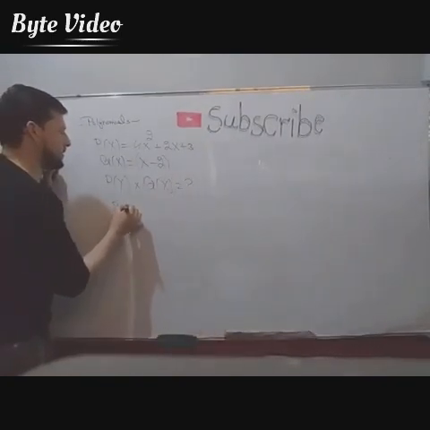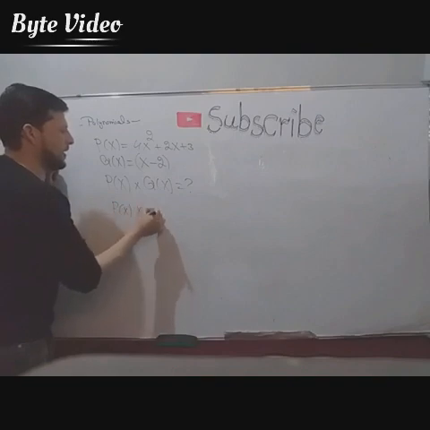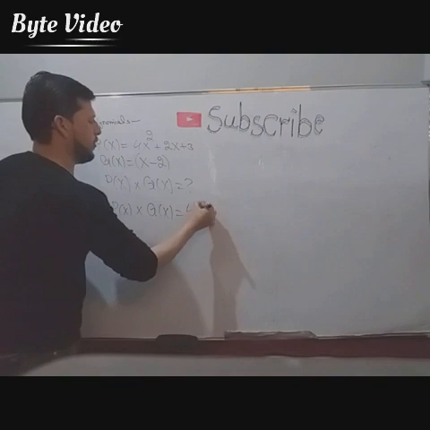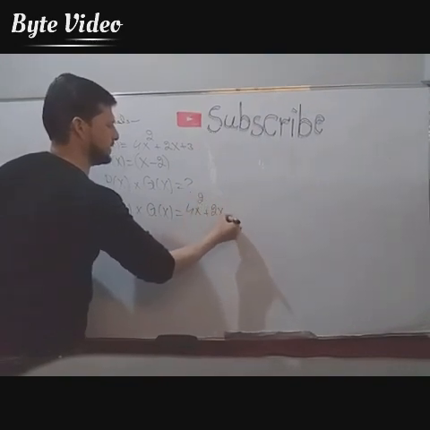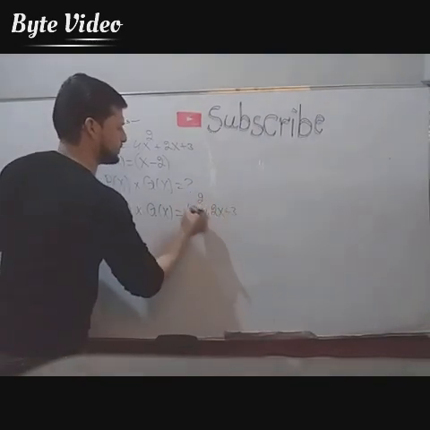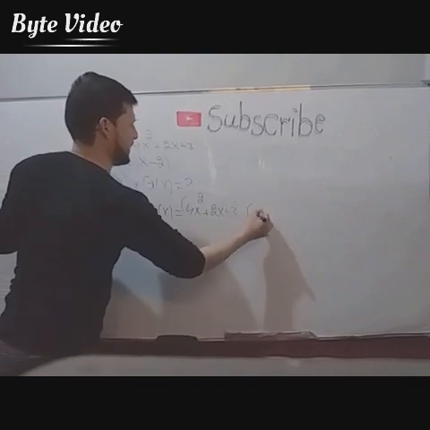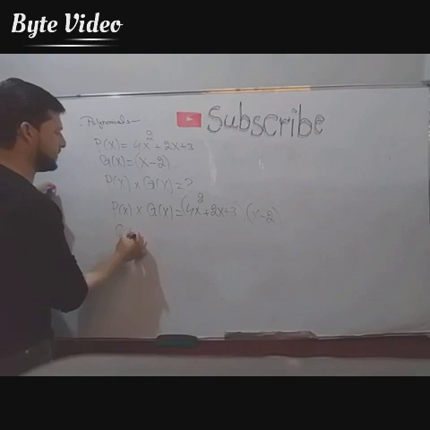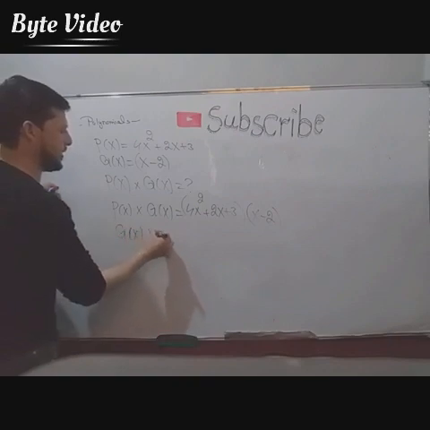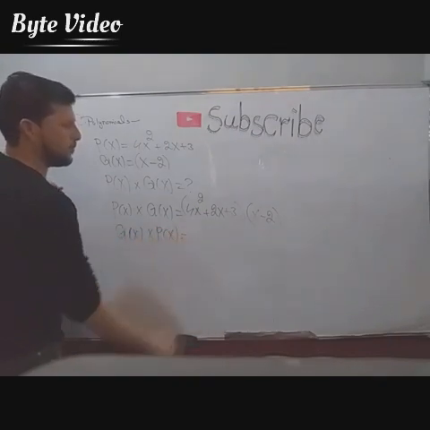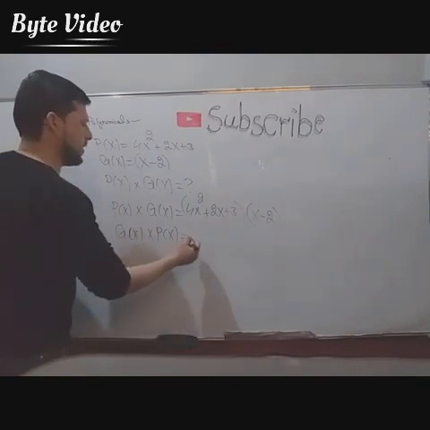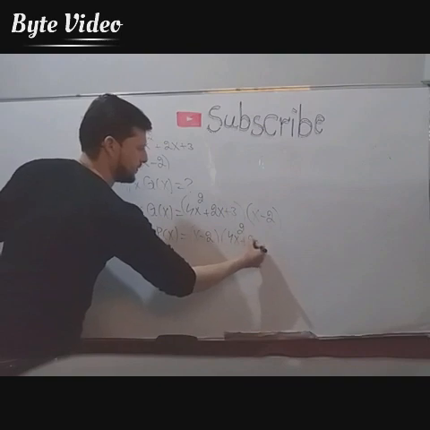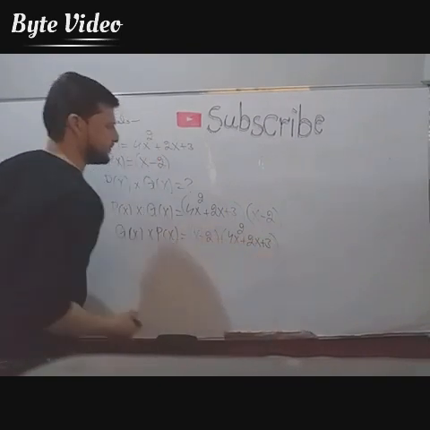So p(x) multiplied by q(x) is equal to, first, p(x), 4x squared plus 2x plus 3, multiplied by what? x minus 2. And also you can write q(x) multiplied by p(x), both answers are the same. It means x minus 2 multiplied by 4x squared plus 2x plus 3.